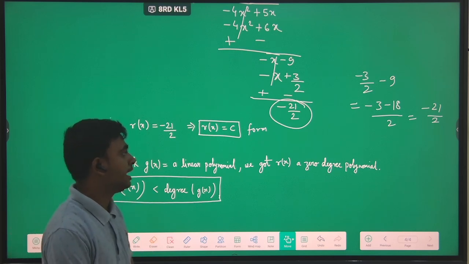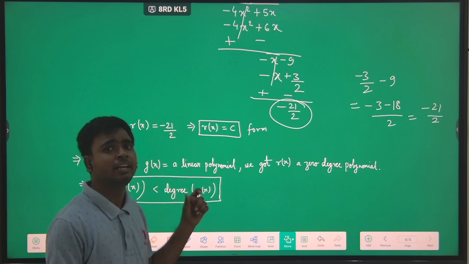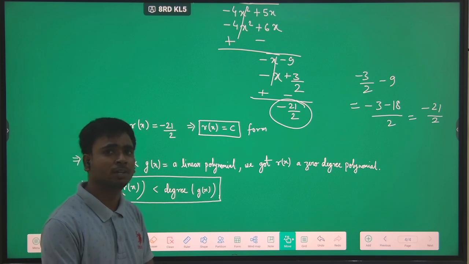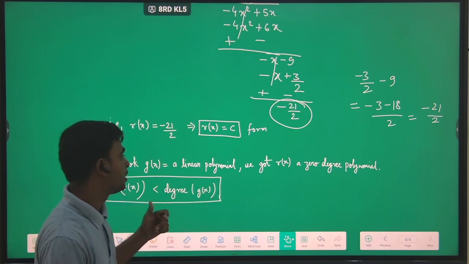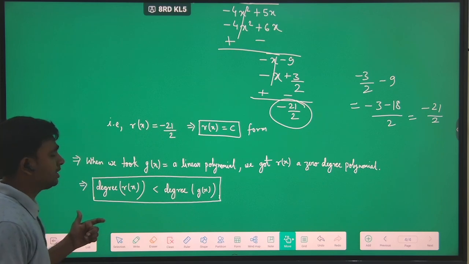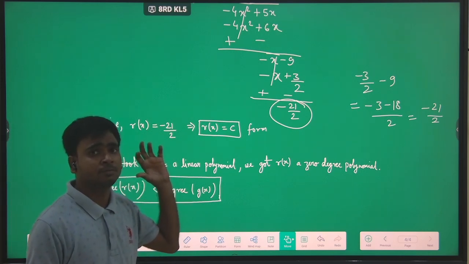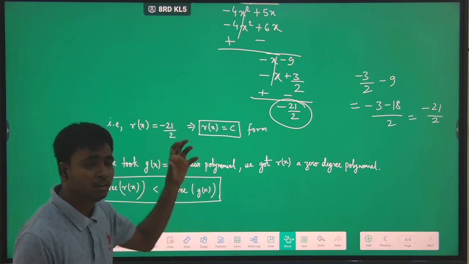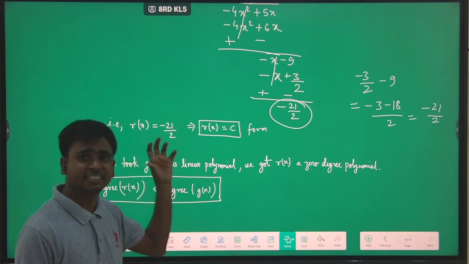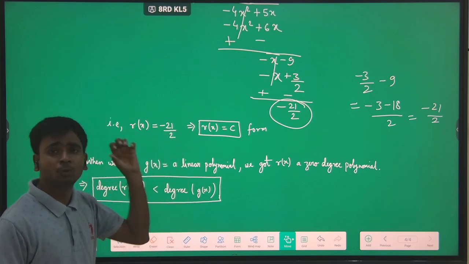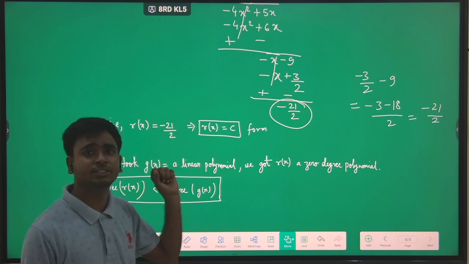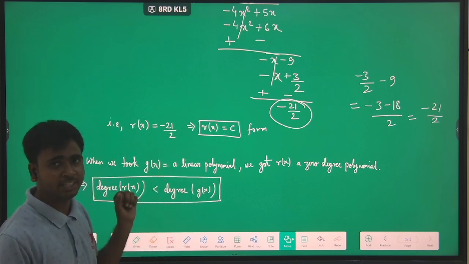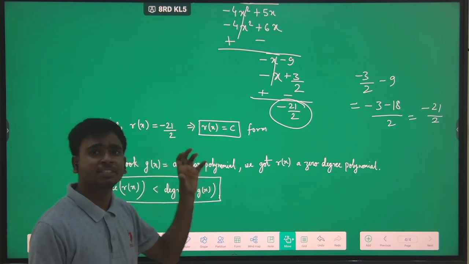We have learned that two polynomials are equal if all the coefficients of the two polynomials are equal and the degrees of the two polynomials are equal. And we have learned that when our function f(x), any polynomial, is divided with any non-zero polynomial g(x), we get a unique quotient and a unique remainder, in which the degree of r(x) is less than the degree of g(x), or r(x) may be 0.